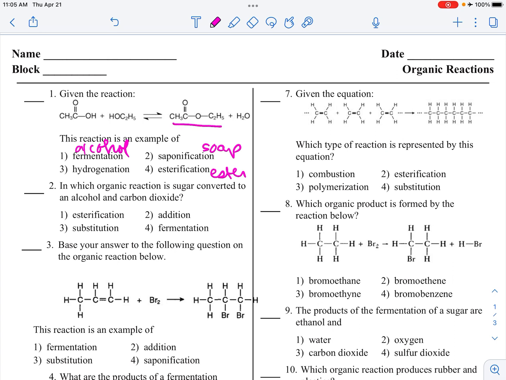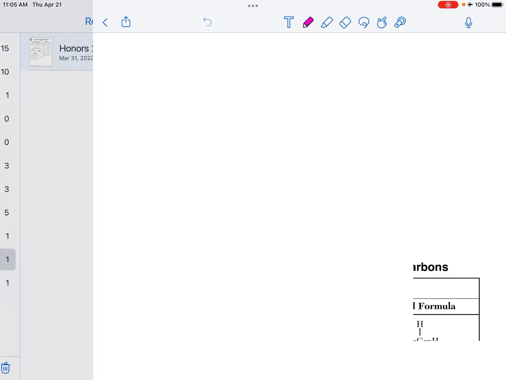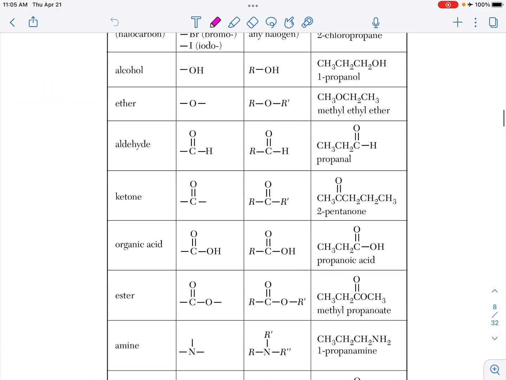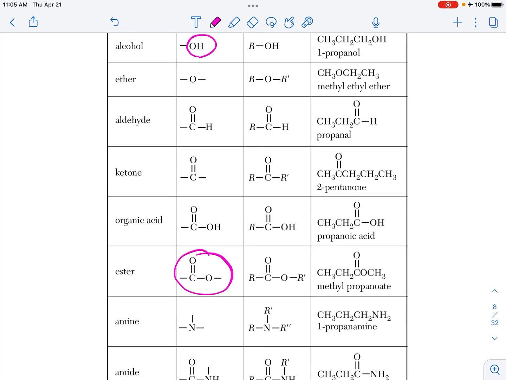So what is this? Well, is it an alcohol? Alcohols have an OH group, and esters have the C double bonded O to a single bonded O. So those are those two.